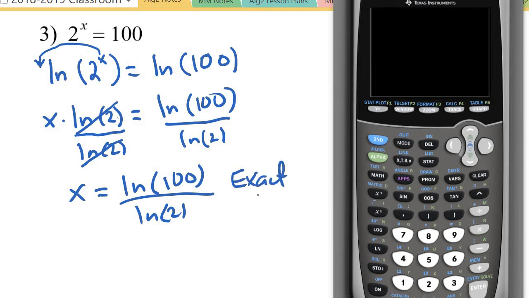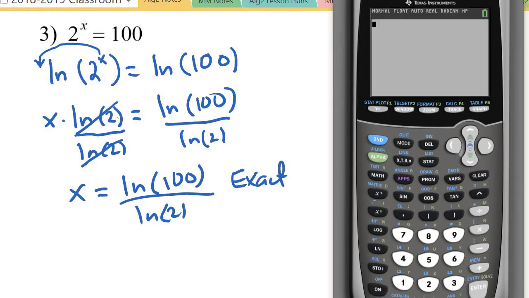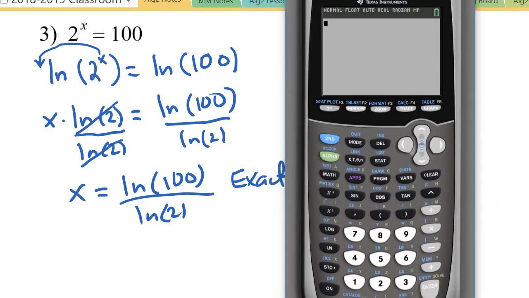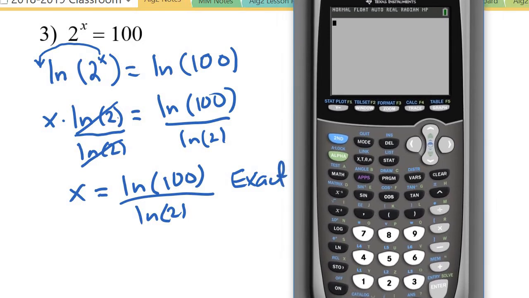If you are looking for an approximate value, we just need to turn on our calculator. I'm going to turn it on over here. Let me bring it closer. Then we punch ln, this is the ln that I'm hovering over with my cursor. ln 100, and then divided by ln of 2.